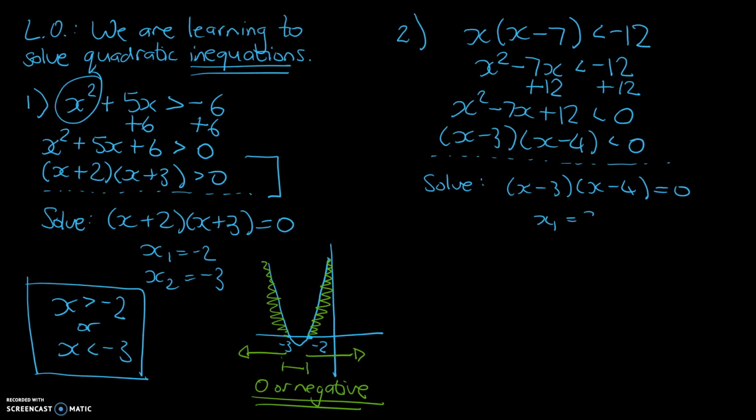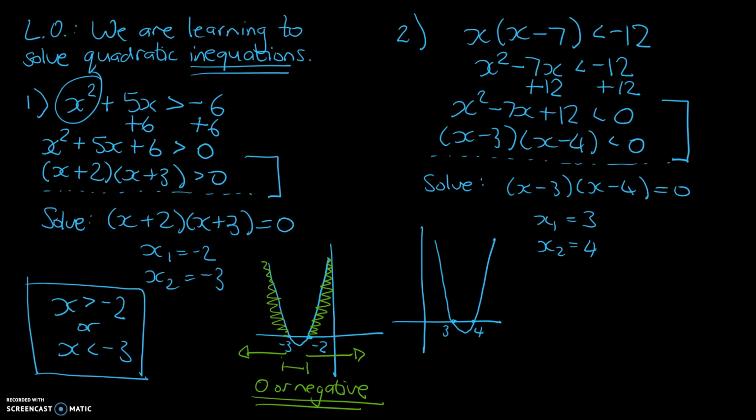So our first value would be 3, and our second value based on the second bracket would be 4. So we know that parabola has x-intercepts of 3 and 4. From that, we can draw a rough parabola. So our graph or our inequation would look a little bit like this.